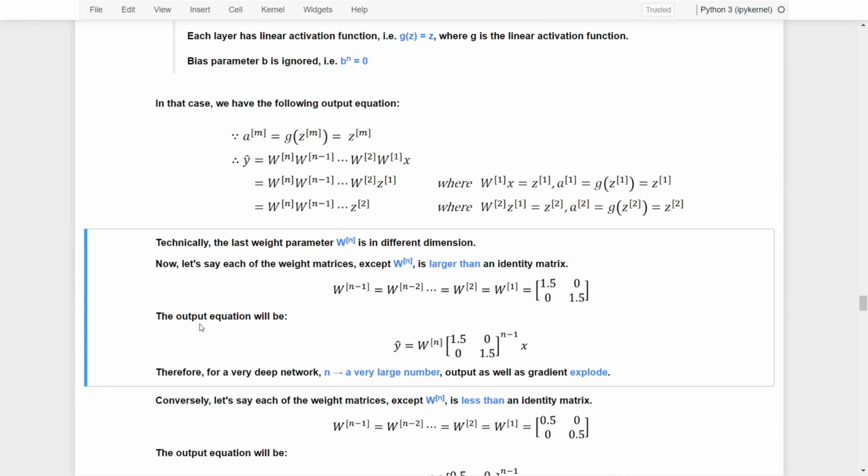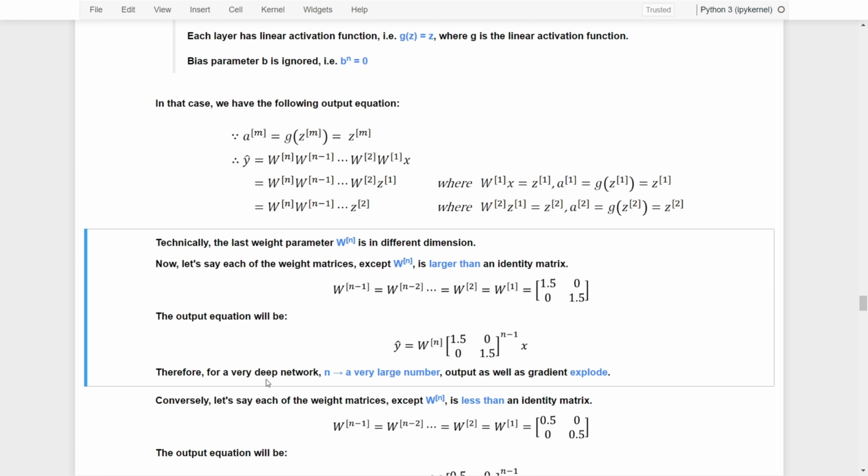If we combine everything together, the output equation is y hat, that is your output. That is Wn, which is a little bit different in terms of the dimensions, so we just ignore that. And that will be multiplied by the matrix which is a little bit larger than the identity matrix, that is 1.5, 1.5 here, raised to the power of the remaining layers, with the input values x.